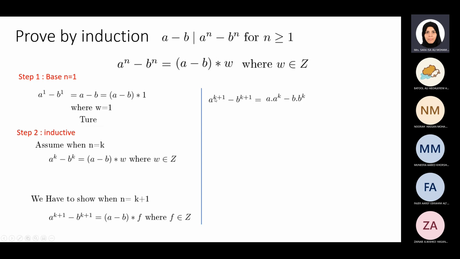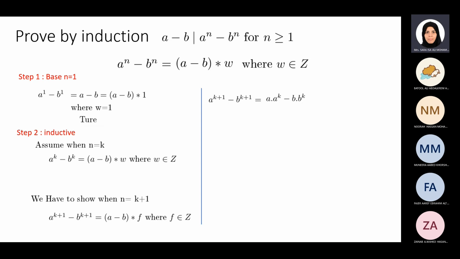So when I say a to the power k plus 1, it is a times a to the power k. When we have the same base, we add the power. So when I have addition in the power, I can put it in this form. So this can be written like this: a times a to the power k minus b times b to the power k.